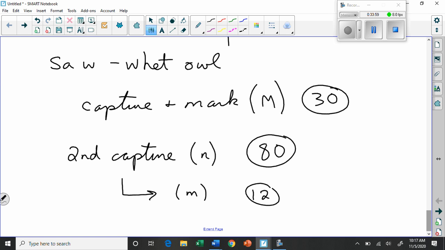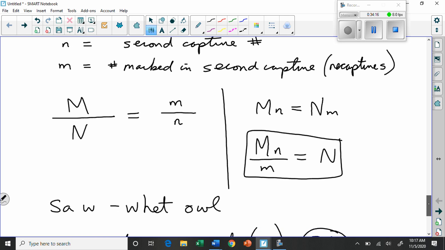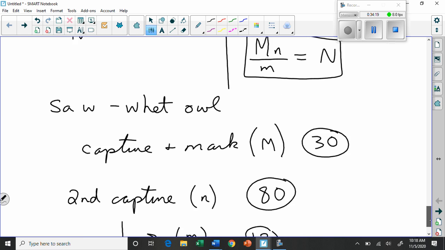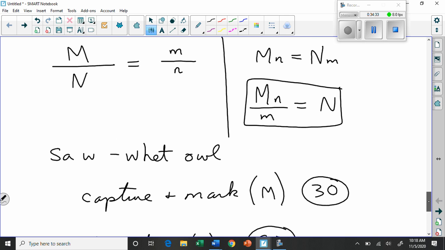So you can think that 12 marked out of the 80 is a proportion that should reflect the number marked originally out of the entire population, right? And so we can figure out, if we go back to our equation right here, capital M, small n, over small m, right? So N equals capital M, small n, over small m. Don't confuse them. Make sure you get them right.